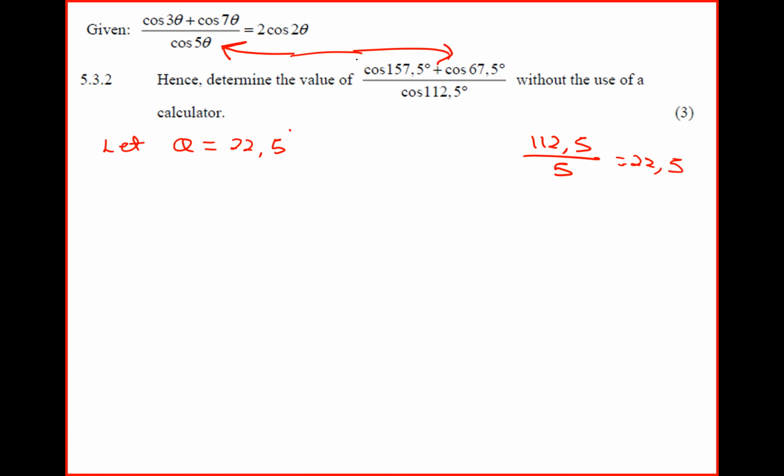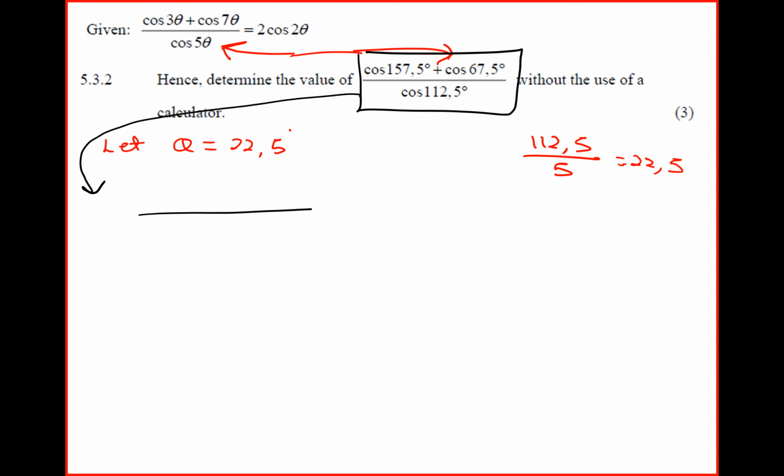Now, how is that going to help us? So if we now take the expression and we rewrite it, remember, cos 112.5, I divided that, 112.5 divided by 5 gave me 22.5. So that means I can rewrite 112.5. If that's representing theta, that now becomes cos 5 theta.